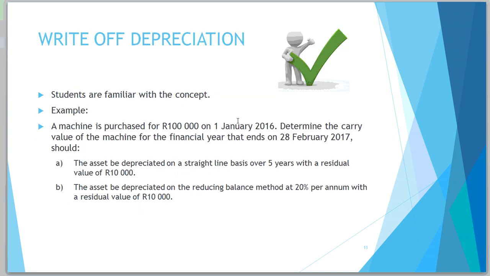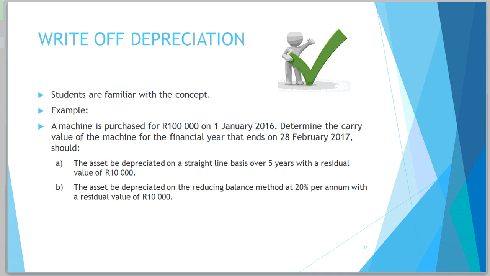Then write-off of depreciation. I know that students are already familiar with this concept, but I just want to make sure that you understand the differences between the depreciation methods. So I have an example here. It says a machine is purchased for 100,000 Rand on 1 January 2016.